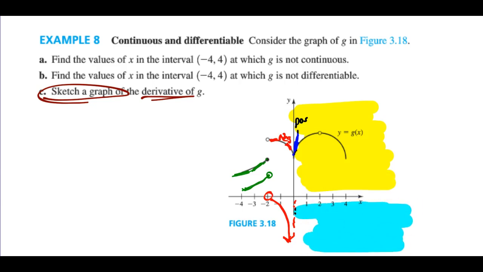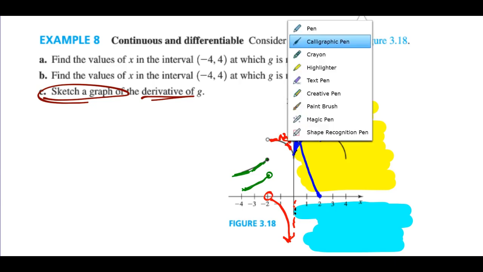So I need to start up really high for this next section, and then it approaches a slope of 0. So I need to start up really high and maybe come on down to a 0 for this next piece. So far it's kind of confusing.